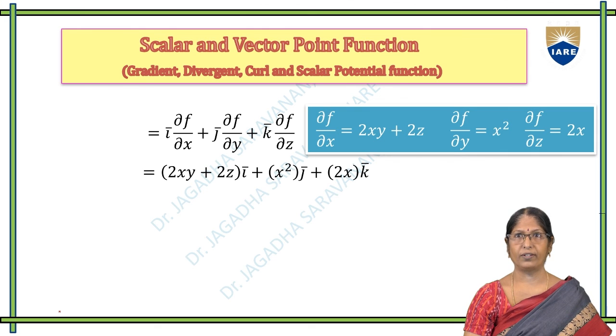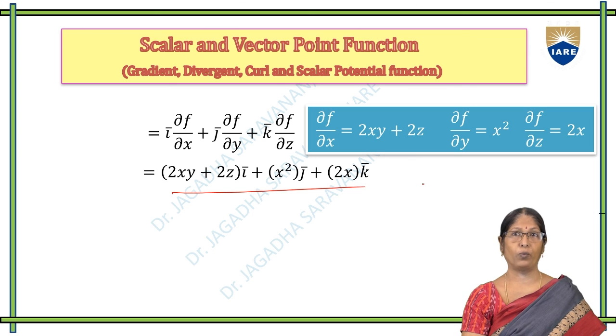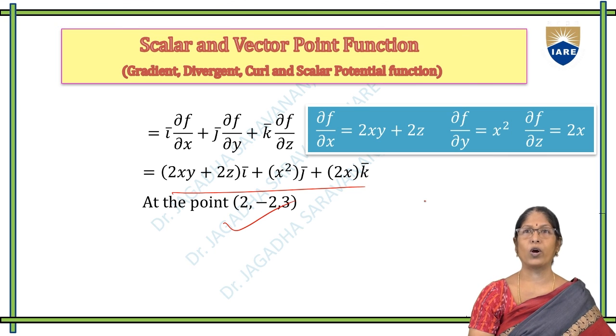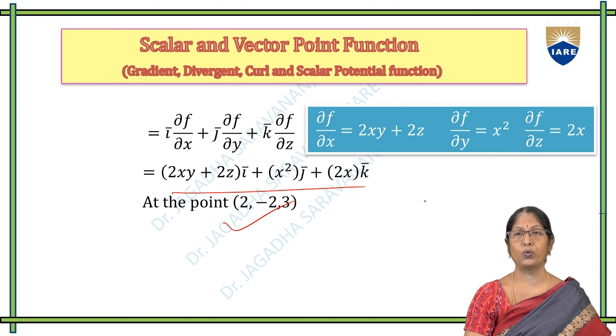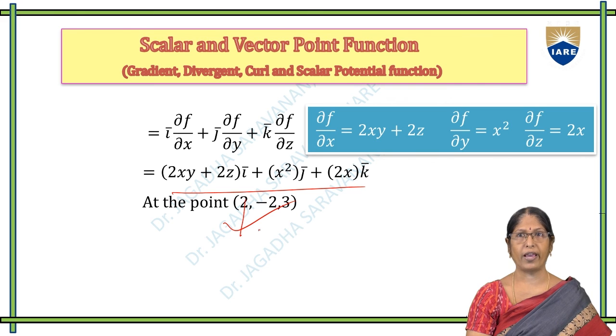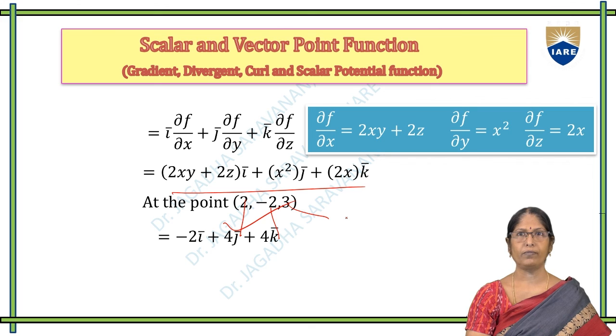After replacing, along with the mutually perpendicular vectors, the result is 2xy plus 2z of i plus x square j plus 2x k. At the particular point 2, minus 2, 3, we replace x by 2, y by minus 2, z by 3.